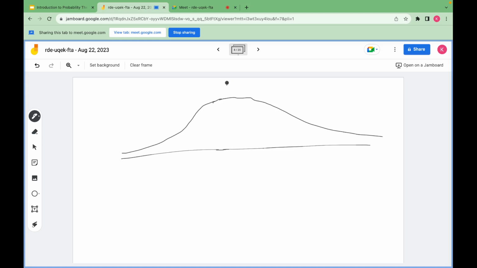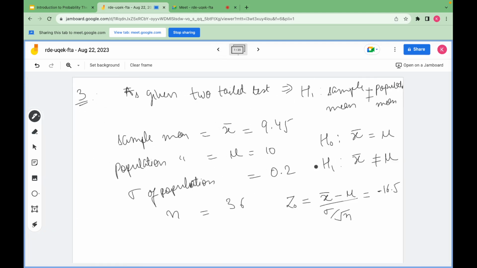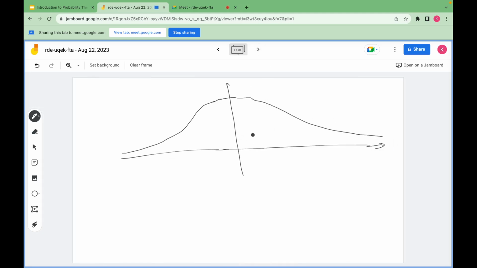Show me the value once again. Yeah, minus 16.5. Okay, fine. So this is the x value, this is z.